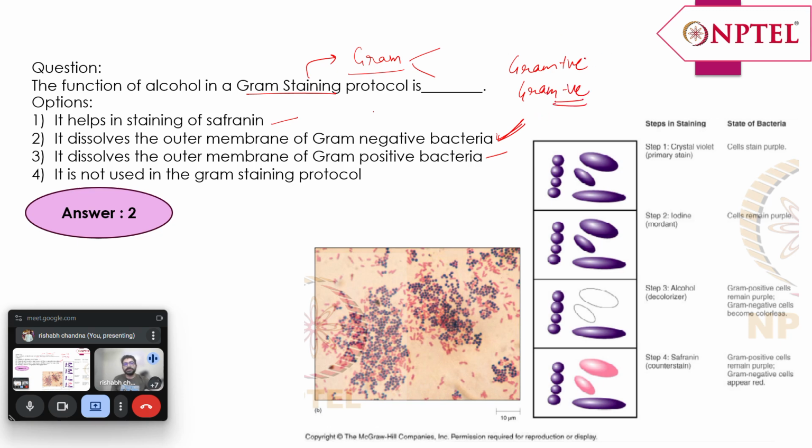Gram positive bacteria are those that retain gram stain, and gram negative are those that do not retain gram stain. How? We'll see the procedure first.